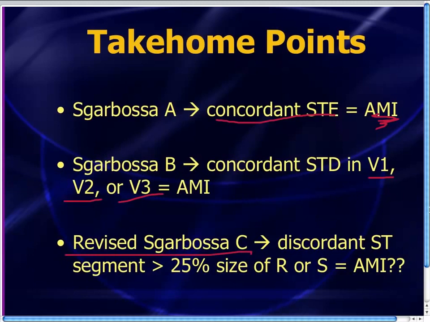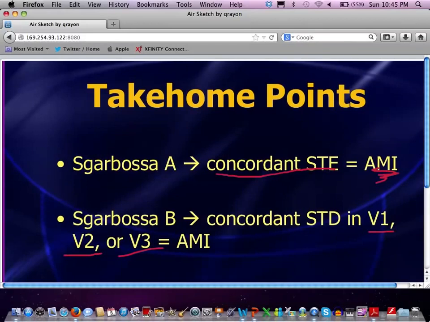If there is discordance of the ST segment, and the discordant segment is at least 25% of the size of the R or the S wave, then Steve Smith and the other authors have proposed that that is an MI. The data looks pretty good for that, but we're going to have to wait on the validation studies before we start really pushing our cardiologists in that direction.